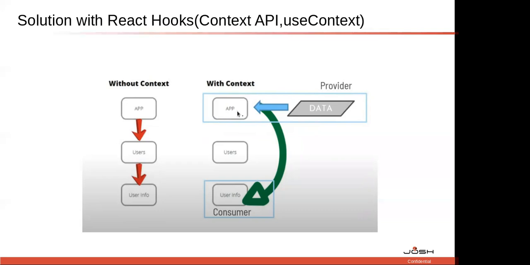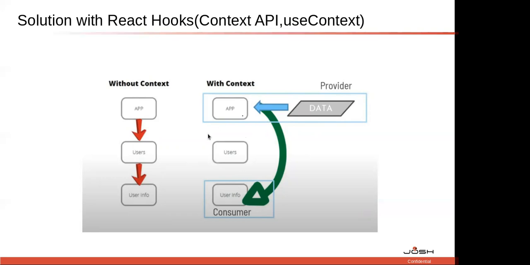App is the super parent component, and inside it all the other components are there. So we give the provider there, and inside the provider we pass the data. If you want to use the properties in another component, we have to use the consumer. With the help of the consumer we get the data. This is the Context API.